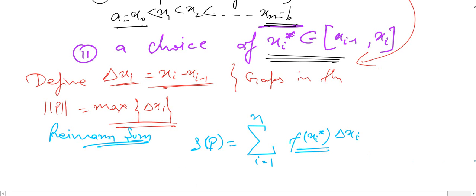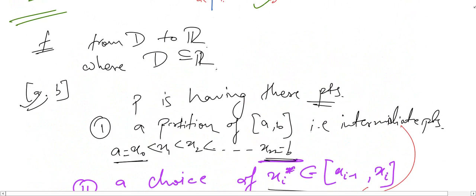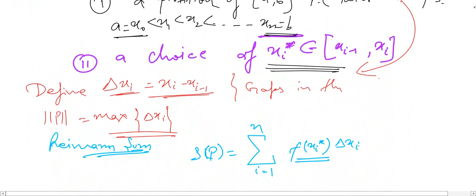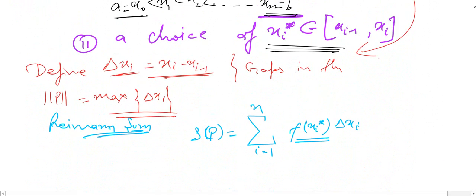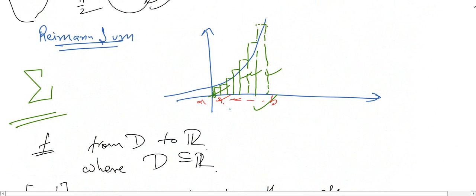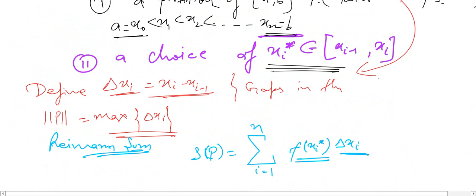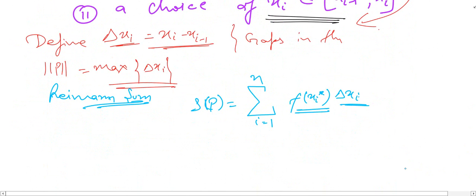So xi star was any choice, and f of xi star would give us the length of the rectangle, and from delta x we have the breadth of that rectangle, and we are just finding the area of the consecutive rectangles, just finding the approximate area.